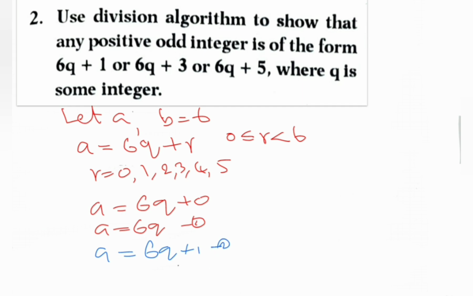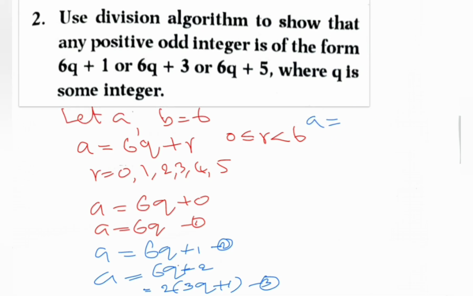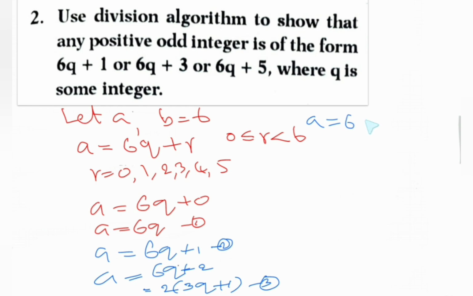This is number 2. a is equal to 6q plus 2, this is 2 into 3q plus 1. This is number 3. And a is equal to 6q plus 3.